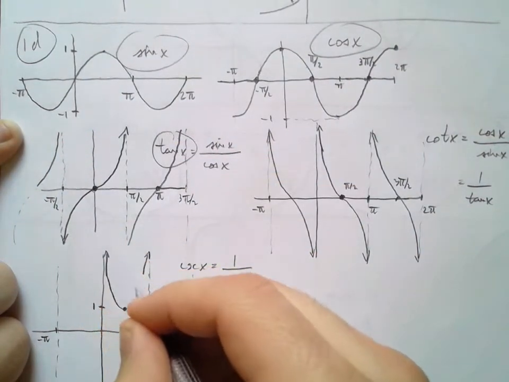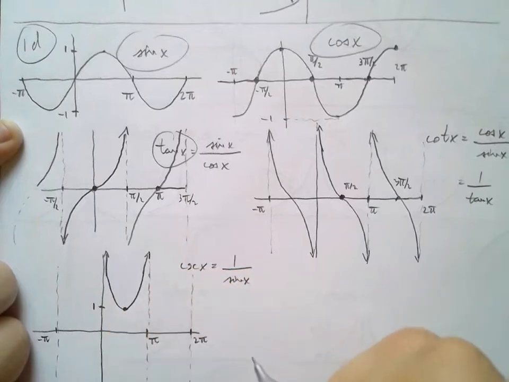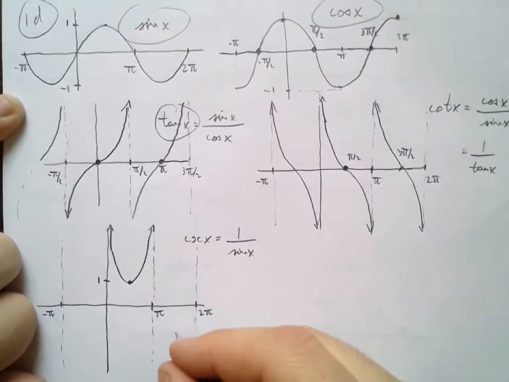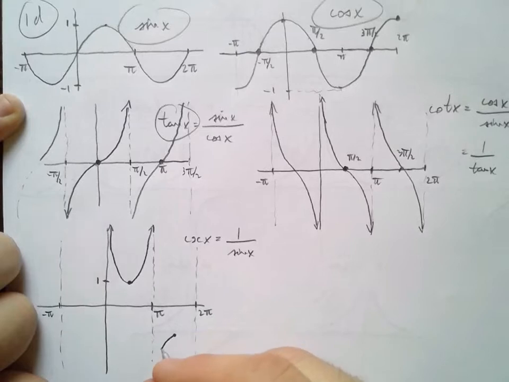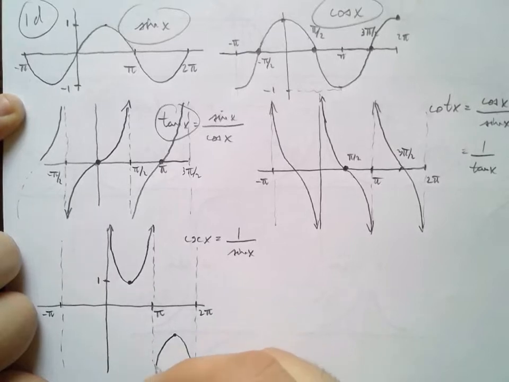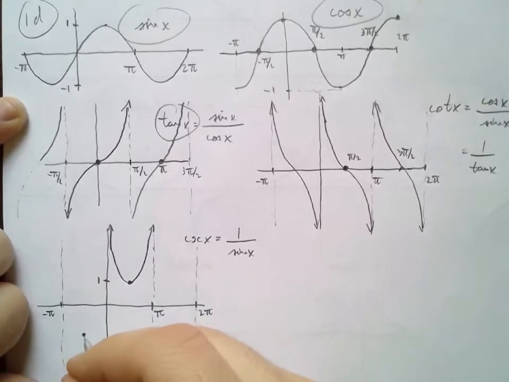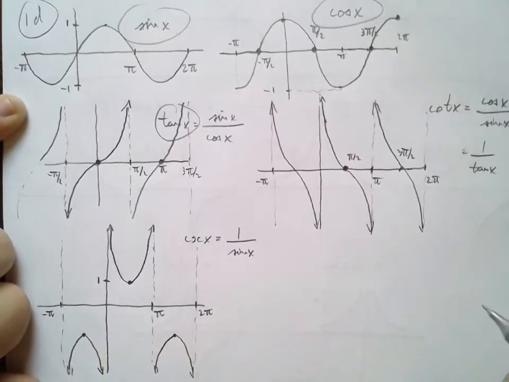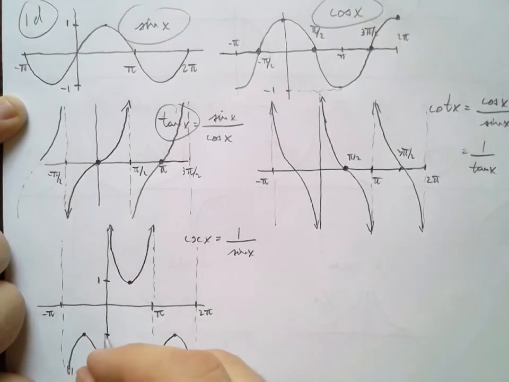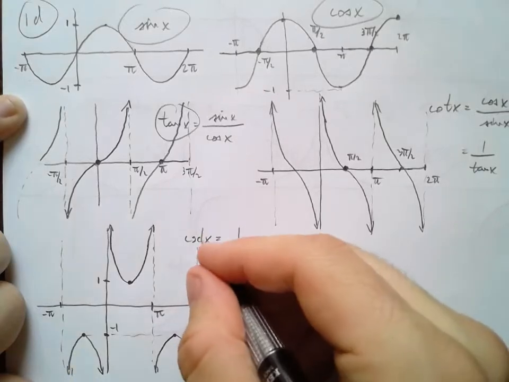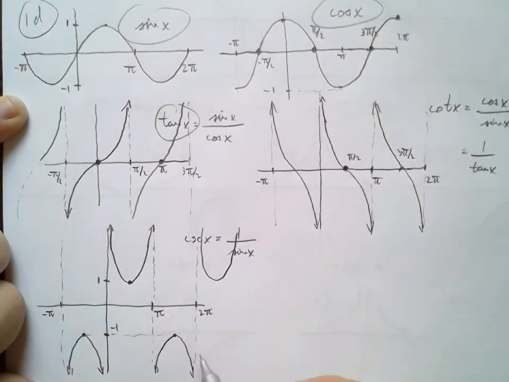If I put all of this together, this is what the cosecant graph will look like. If you work it out, it turns out it's going to look like this. Well, it's going to shoot off to the asymptotes like that. And then it would repeat itself, right? So you have one positive, one negative, one positive, just like that. These little U shapes.